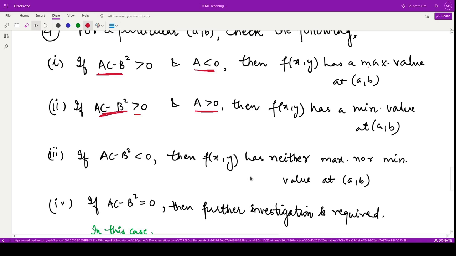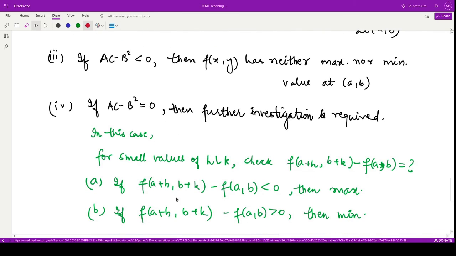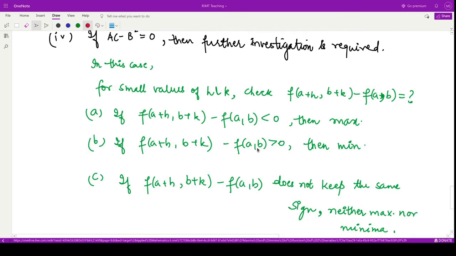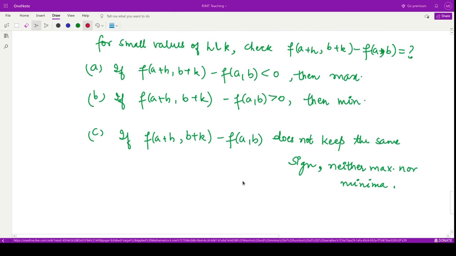And if this expression is equal to 0, in that case we have to further look at the quantity f of (a plus h, b plus k) minus f of (a, b). That means we go and look at the definition. By definition, we'll check whether the maximum or minimum exists at that certain point or not. Accordingly, we'll make the conclusions.